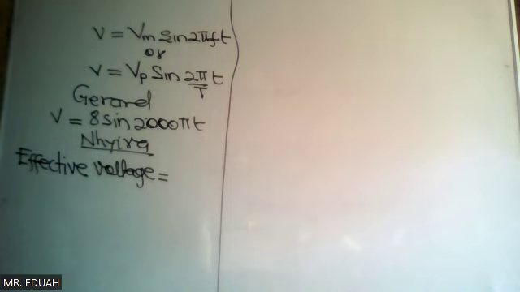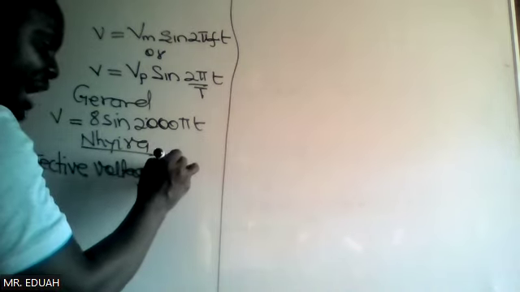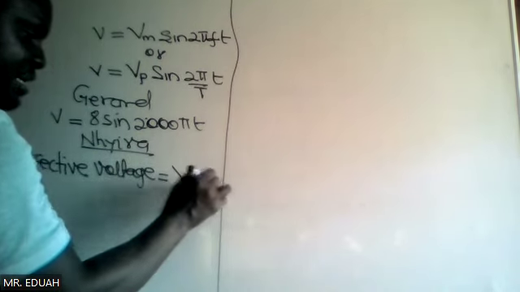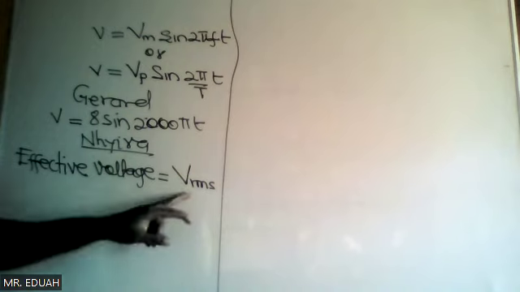I said the effective voltage is the RMS value, VRMS, the root mean square voltage. That is the effective voltage or current, and this is what the instrument reads.